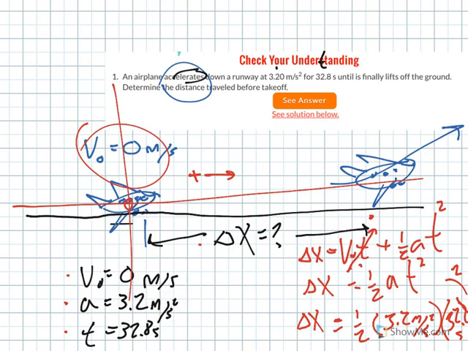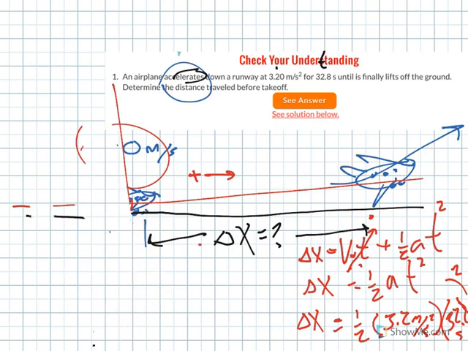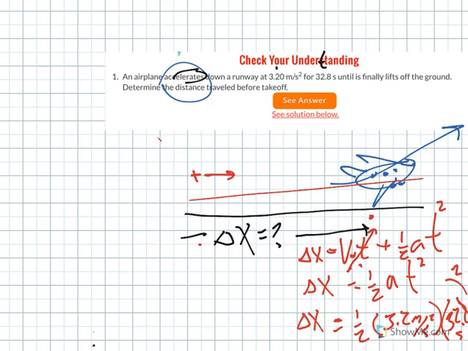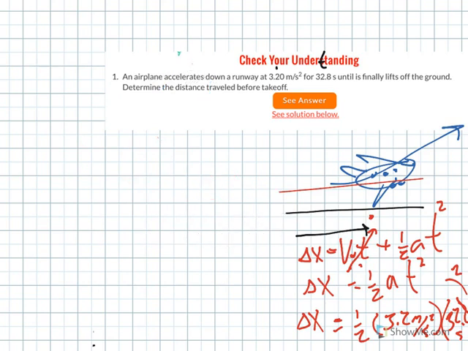Let me erase some of this over here. The answer my calculator is telling me is that delta x is 1,721.34 meters.